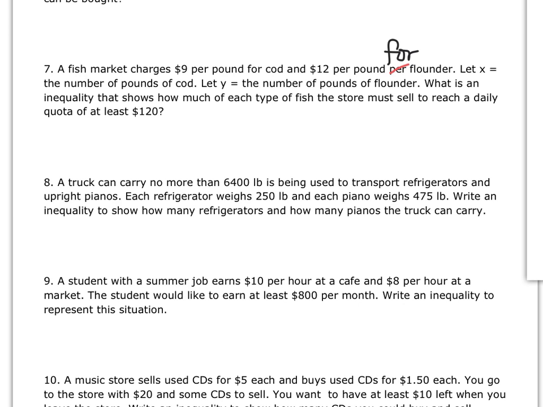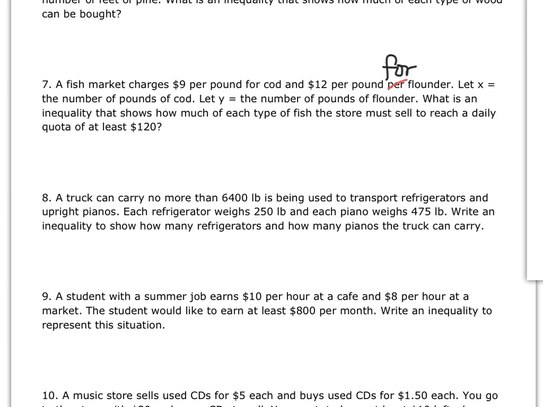So we're going to let X be the number of pounds of cod. Let Y be the number of pounds of flounder. So we're going to write an inequality that shows how much of each type of fish the store must sell to reach a daily quota of at least $120.